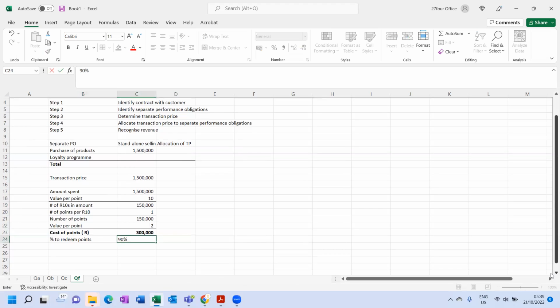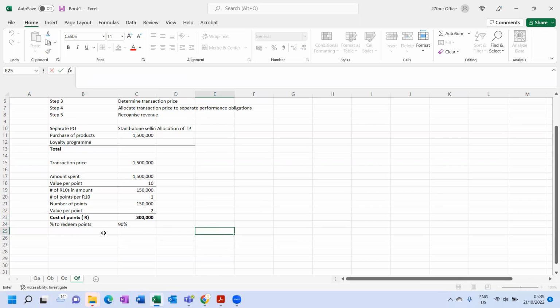So therefore, the cost to us will only be 90% of this. I'm going the long way, I can do it much quicker, but it's just to show you the thought process. So there we go. It is 270,000.